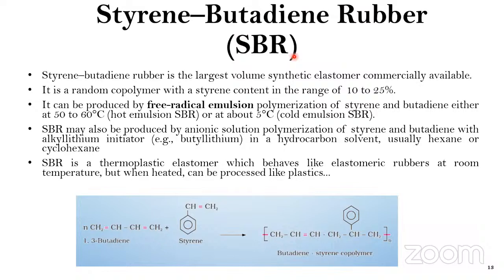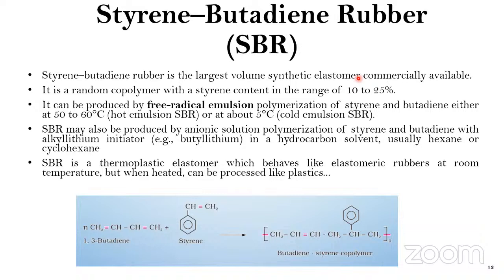That is known as SBR. Styrene butadiene rubber is the largest volume synthetic elastomer that is commercially available. Can anyone tell me, SBR has a different name in the market? ABS? No, SBR.